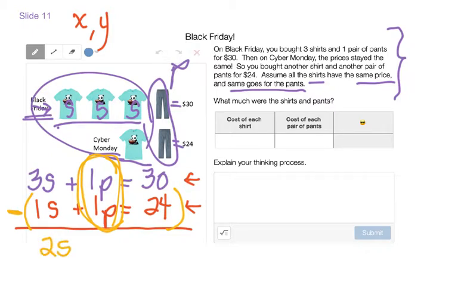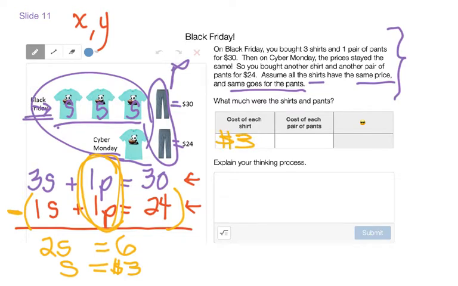I know that if I have 1 pair of pants and I take 1 pair of pants away, I have 0. And now I'm going to take 30 and subtract 24, which is equal to 6. Therefore, dividing both sides by 2, I know that each shirt costs $3. So the shirt that I bought on each day was $3.